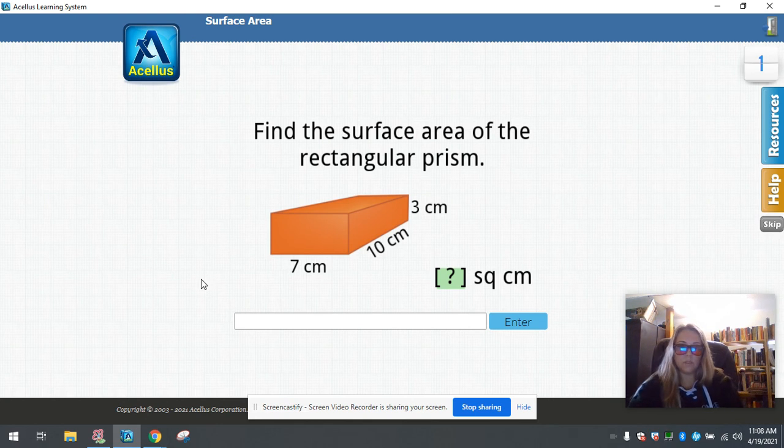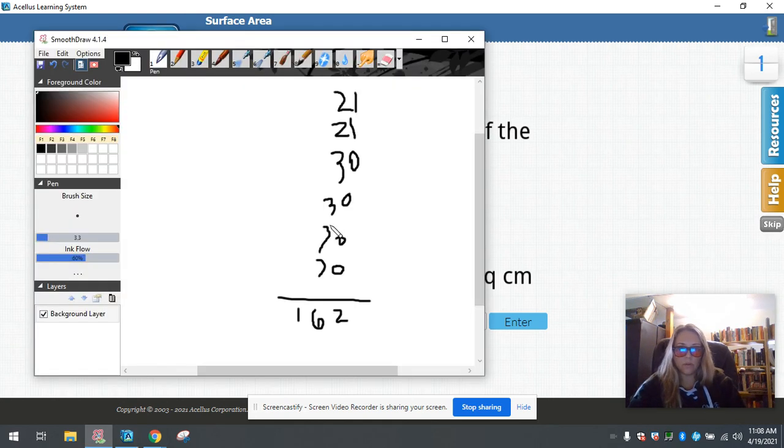Oops, I did something wrong somewhere. Let's figure out where I went wrong. Oh, my 70. I thought it was a 3. Penmanship fail. 2 plus 2, 4, 10, 24. Again, you can use a calculator instead of trying to do this in your head. 242.